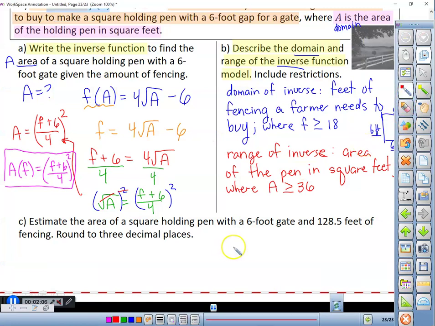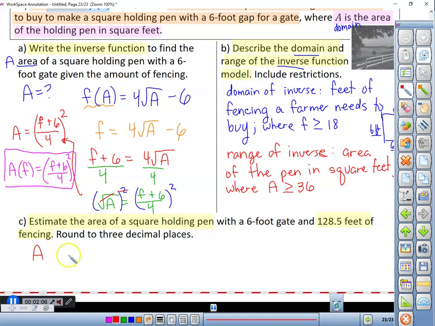All right, and then here we're looking at using a function model. So estimate the area of a square holding pen with that 6-foot gate if it has 128.5 feet of fencing, round to 3 decimal places in this case. So that means I would use my area function.